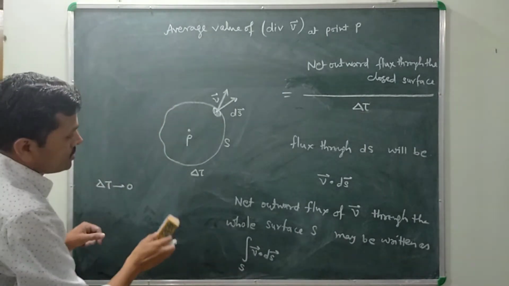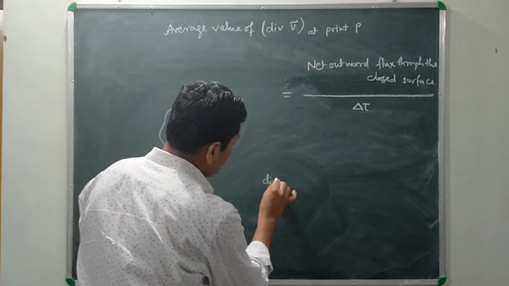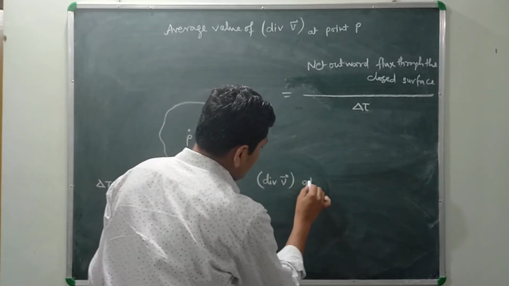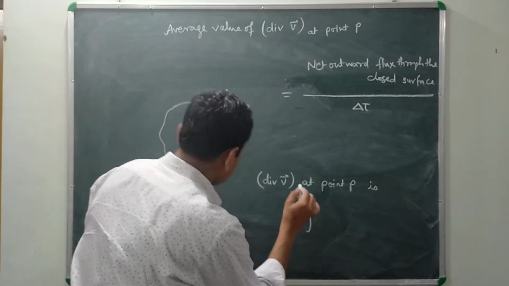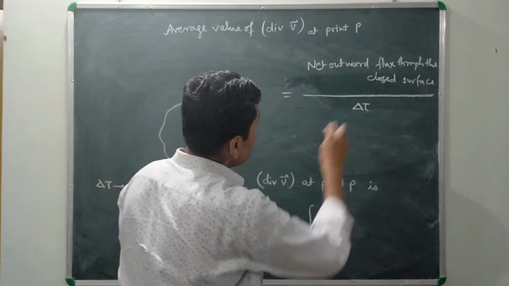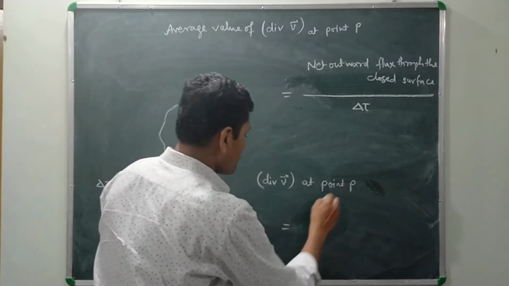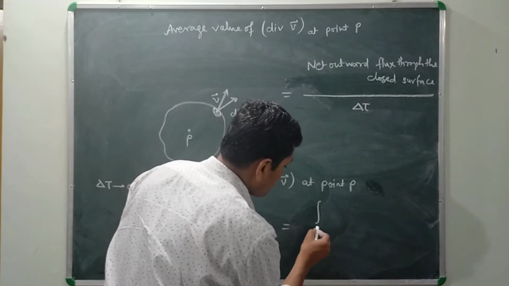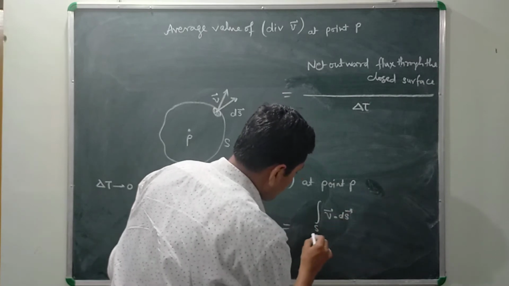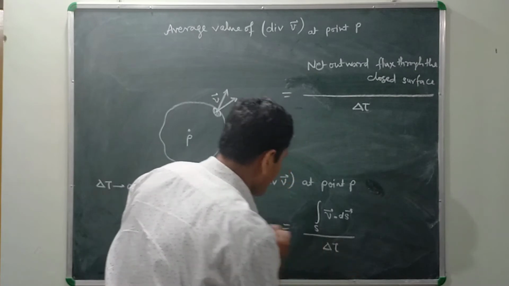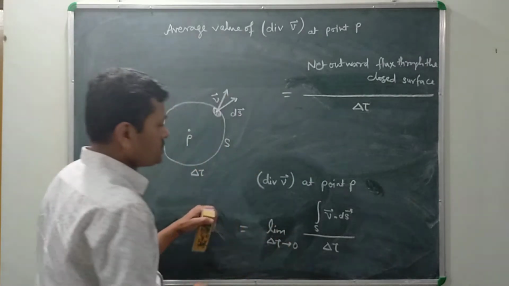So in this situation we may write the exact value of divergence of vector V at point P is the net outward flux, which is the surface integral of vector V over the surface S divided by delta tau, where this delta tau is tending to 0.